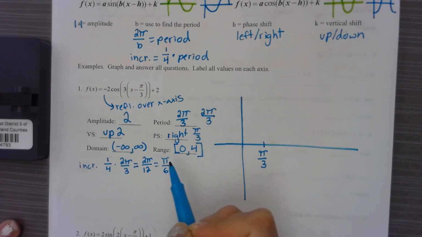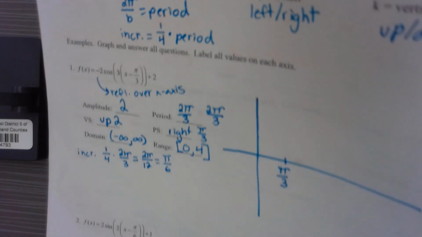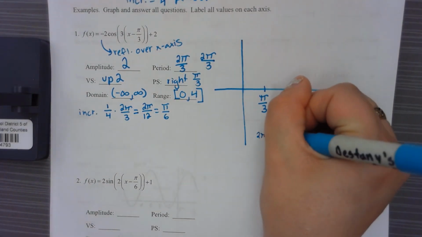Are we okay? Okay. So the problem is if I add pi over 6 to pi over 3, they don't have a common denominator, right? Yes? So how could I write pi over 3 with a denominator of 6? 2 pi over 6.